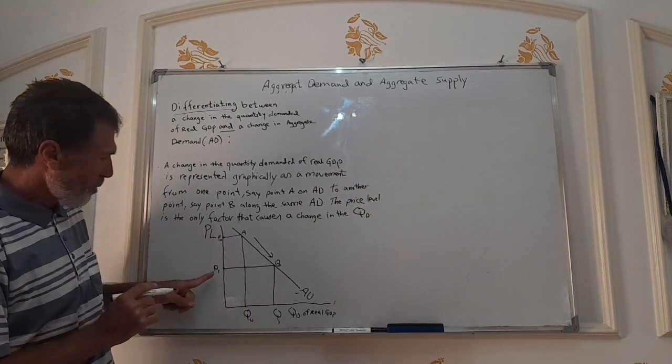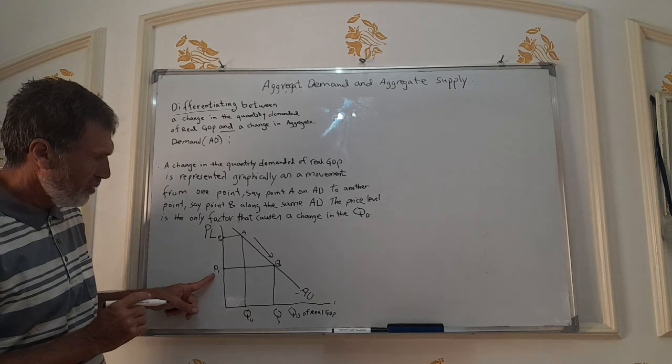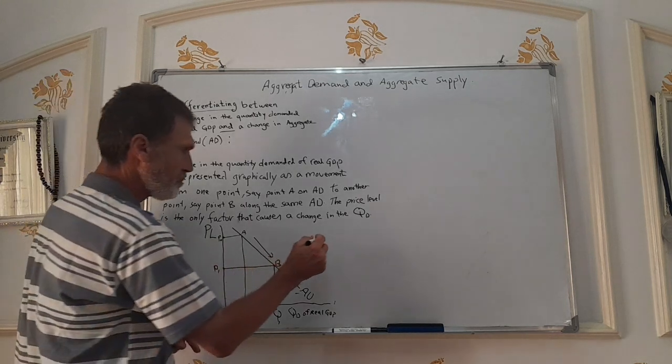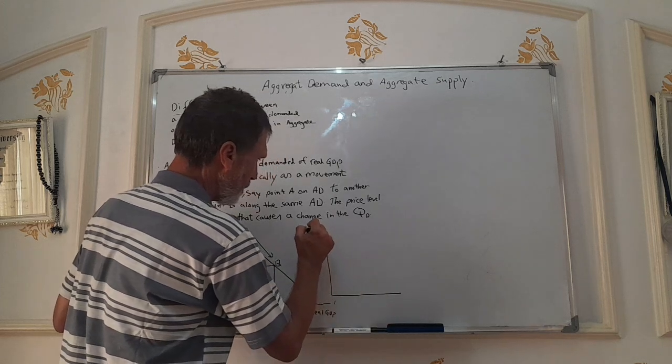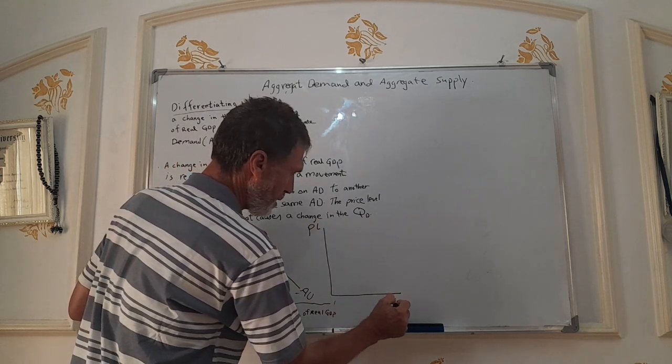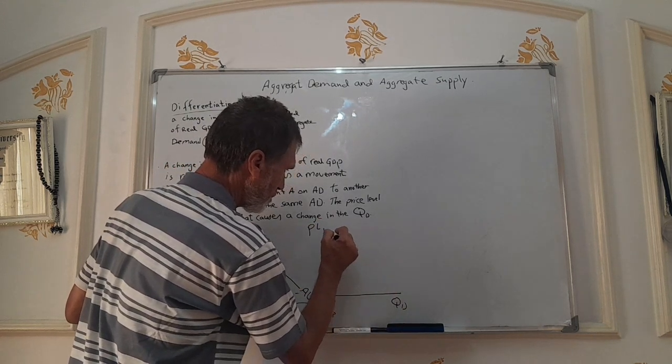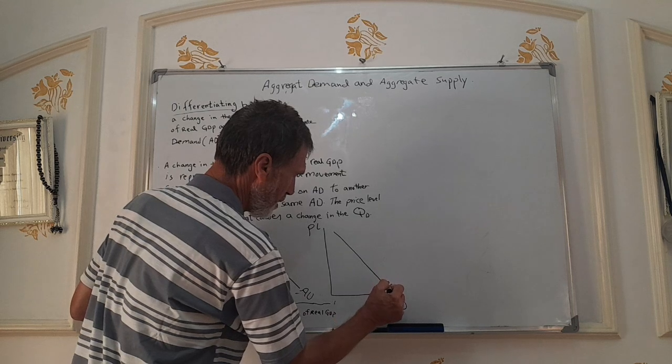Same thing: when the price level is P1, here on the price level axis, and quantity demanded on the other, this is what you get, AD.